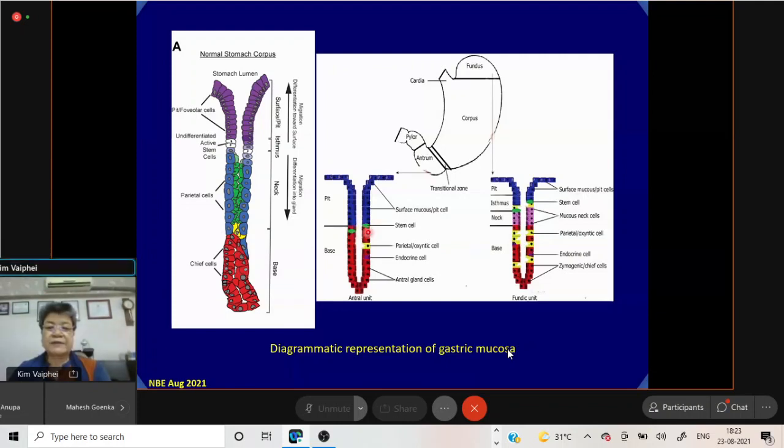Then one has the parietal cells, endocrine cells, then the enteral glands or the chief cells in the body component. So this is how a gastric gland would be arranged, depending on the site: the chief cells in the deeper part in the body and fundus, then the parietal cells, and the stem cells towards the neck and base of the foveolae. That is an important point to be noted.